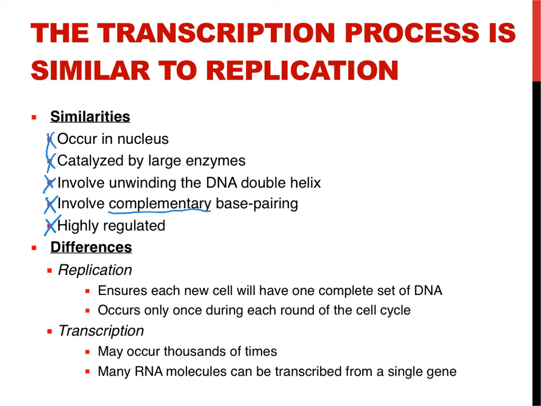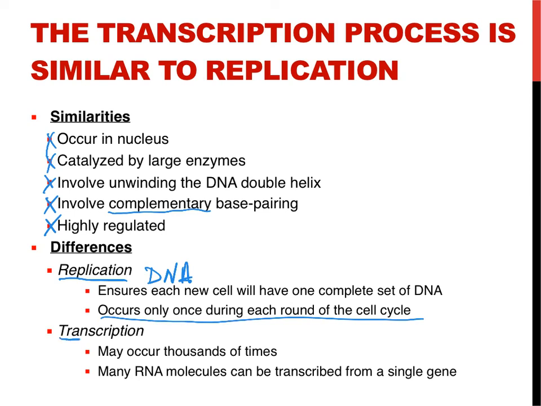Okay, the difference is replication is to make DNA before a cell divides, so each new cell after mitosis will have one complete set of DNA identical to the cell it came from. And this only happens once during each round of the cell cycle.